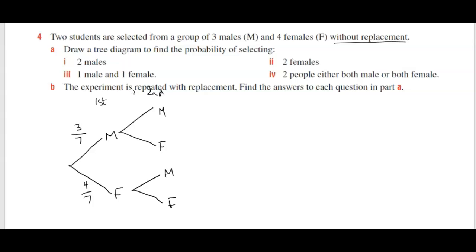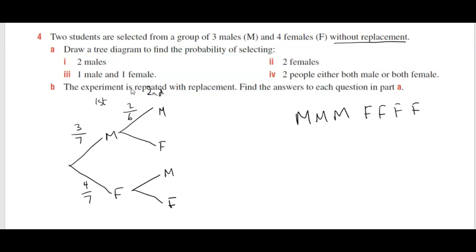Now, because it's without replacement, you have to choose 2 different people. If you're choosing 2 people, you can't clone that person and have the same person. So since we've already selected a male, the number of males has gone down from 3 to 2, and the number of people has gone from 7 to 6. I might just write it here. We had 3 males and 4 females.